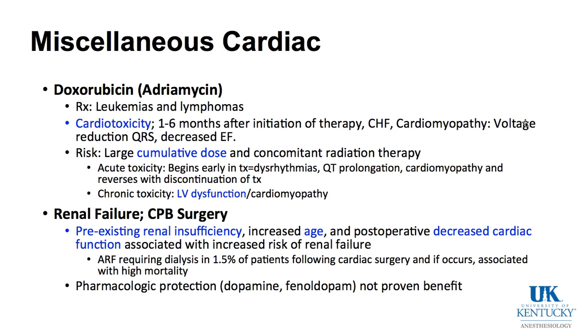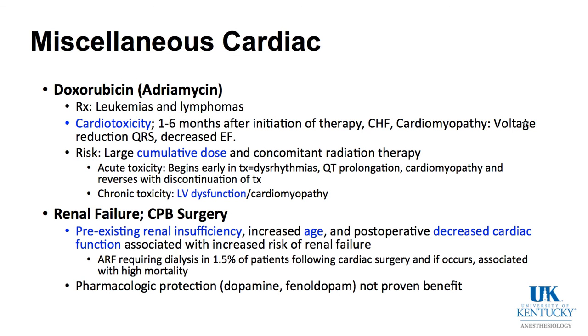The last concept is renal failure and cardiopulmonary bypass. When you put patients on artificial circulation, cardiopulmonary bypass, if they have pre-existing renal insufficiency and they're older, their chance of having problems with renal failure postoperatively goes up.